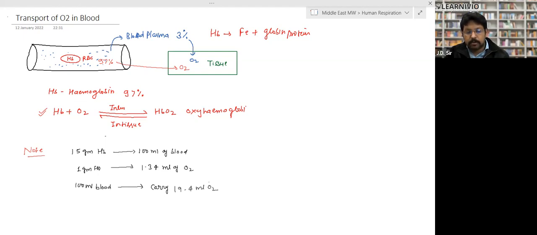Thus, on an average, under normal conditions, 100 ml of blood carries about 19.4 ml of O2. Clear?